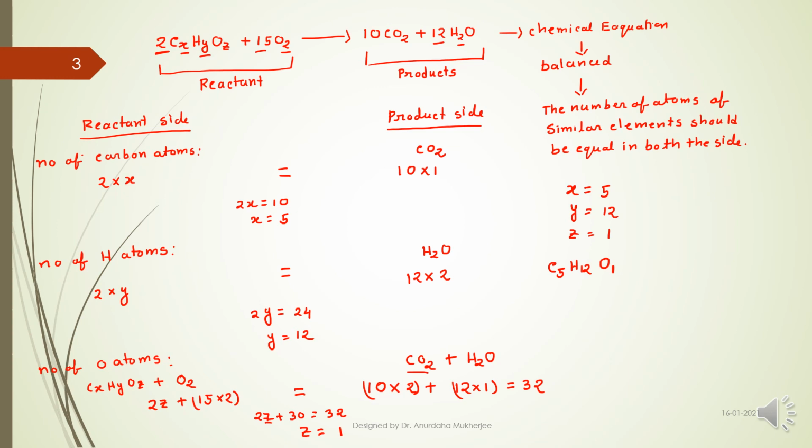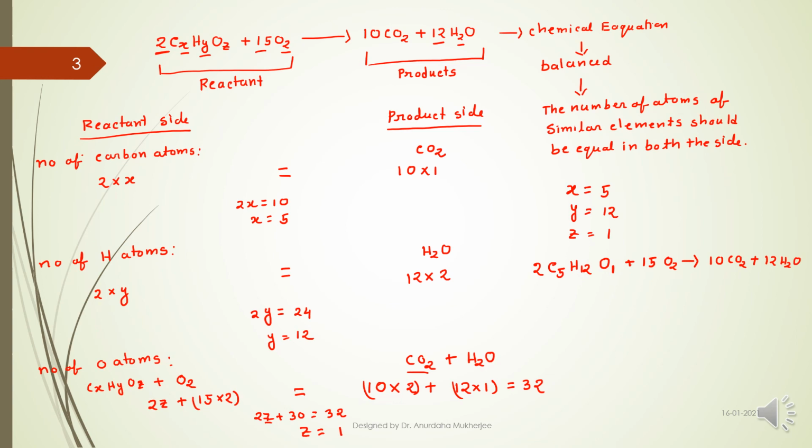If we write the balanced chemical equation now, it will be 2C5H12O plus 15O2 giving 10CO2 plus 12H2O.